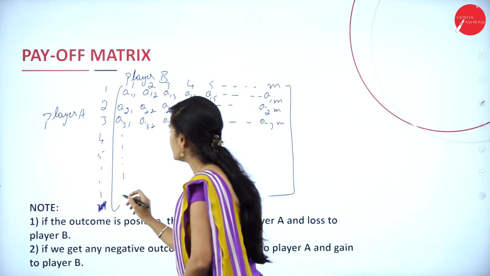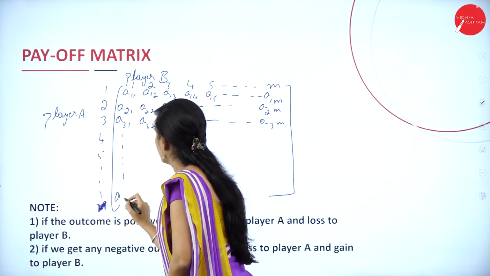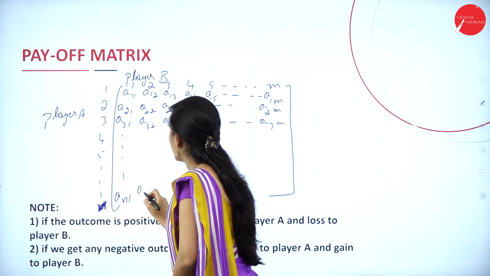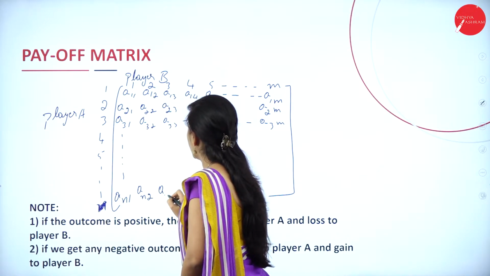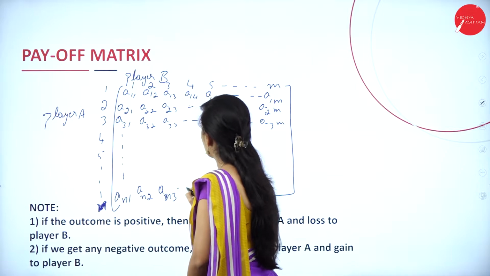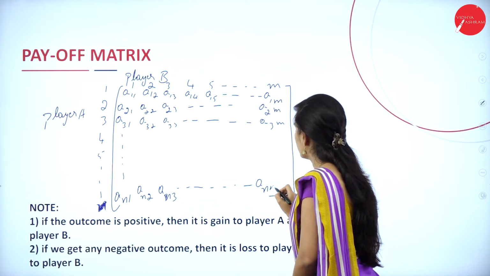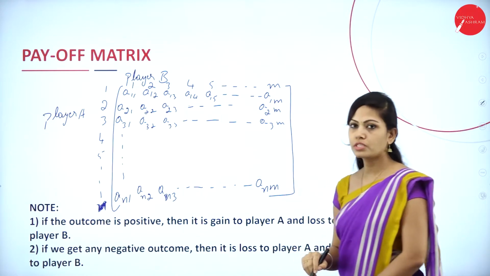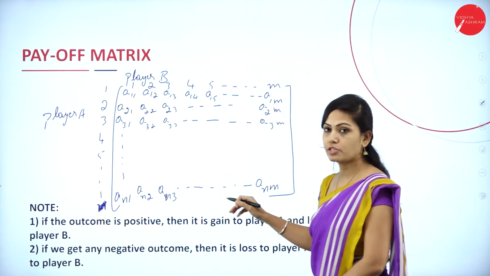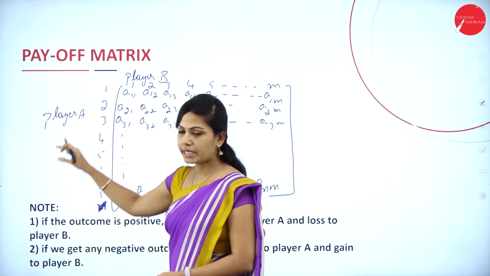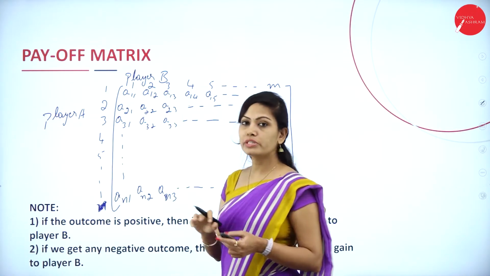So, you can extend this till AN1, AN2, AN3 up to ANM. So, this is called as payoff matrix. So, we are representing player A and player B by using matrix method.